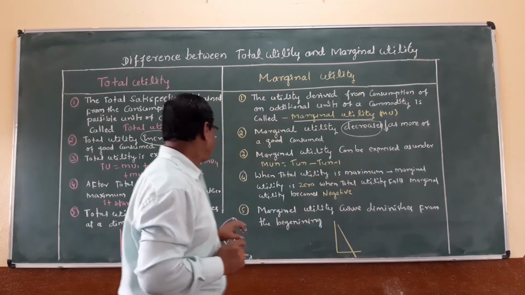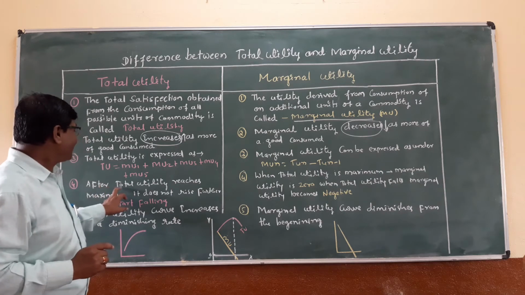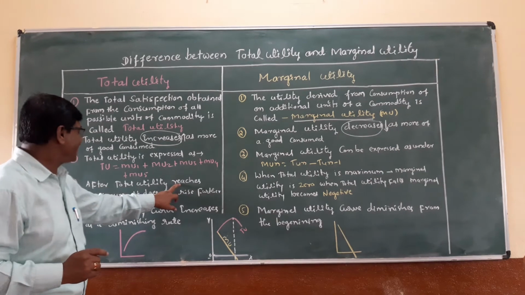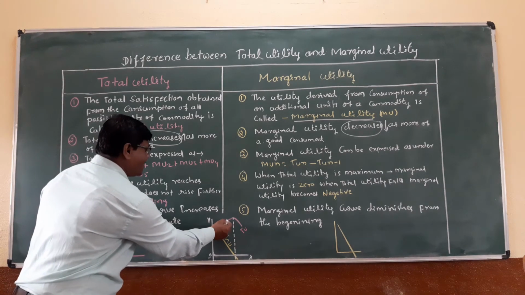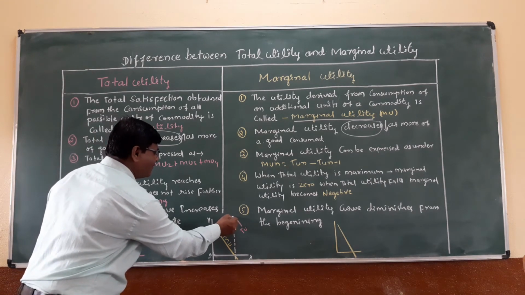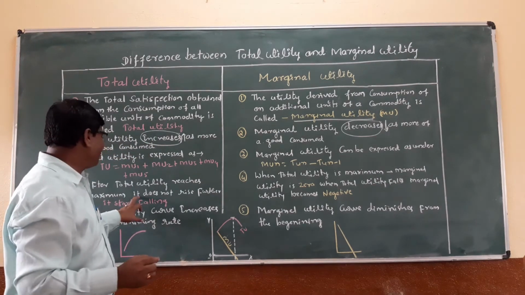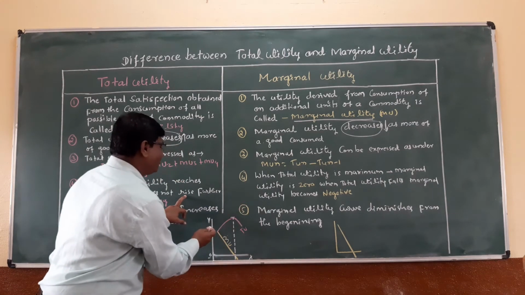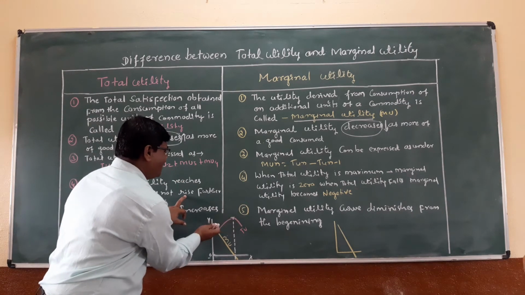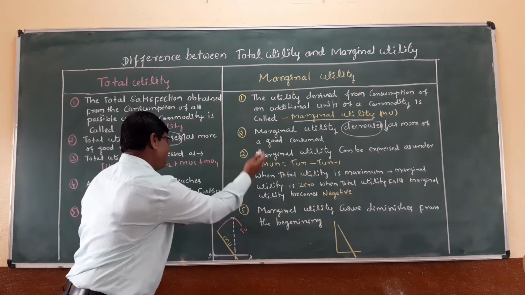And the fourth difference is that after total utility reaches its maximum, it does not rise further.